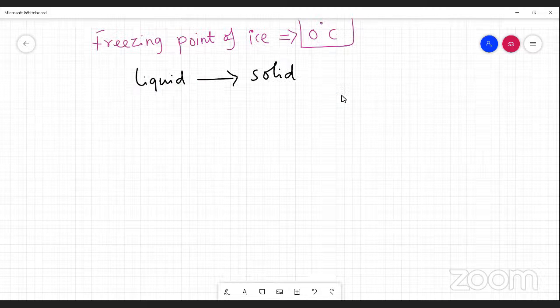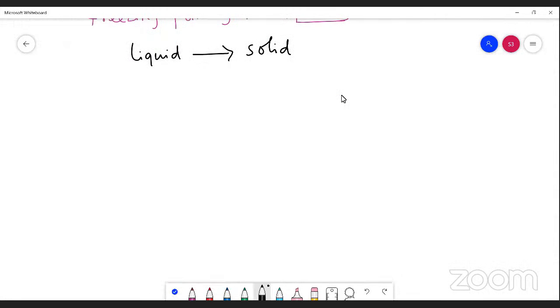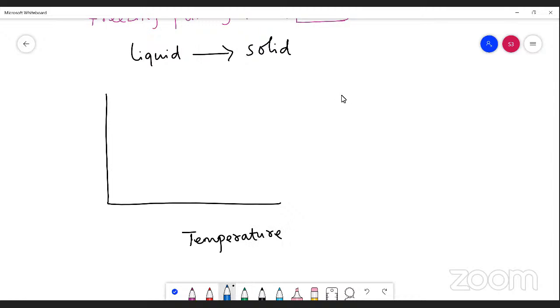So let us take a graph. I can plot a graph between the temperature and the pressure. Here I am going to consider the pressure entirely as 1 atmospheric pressure.